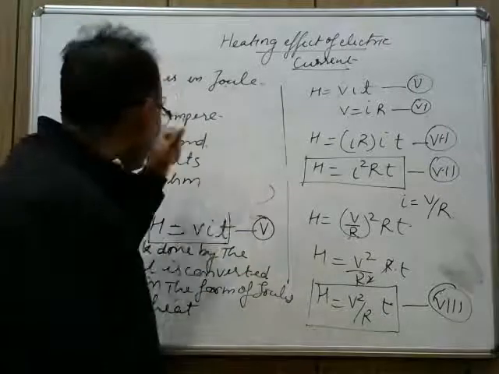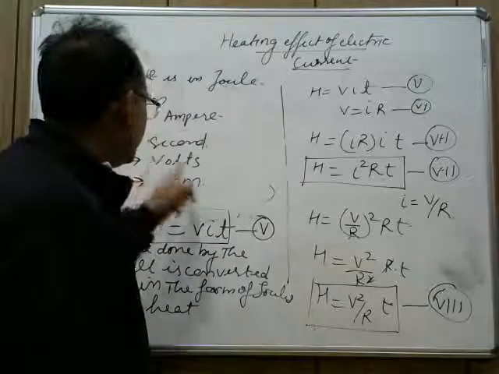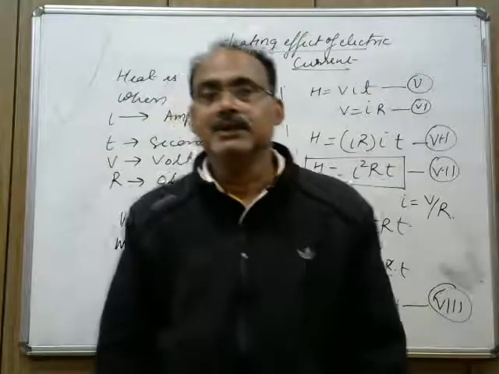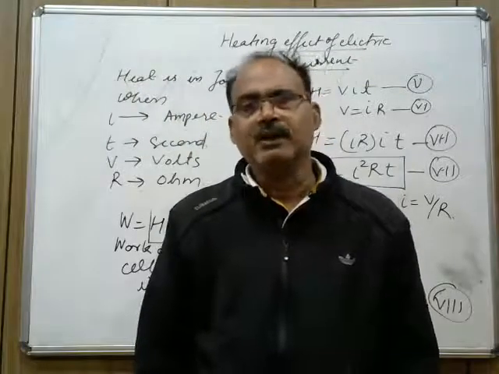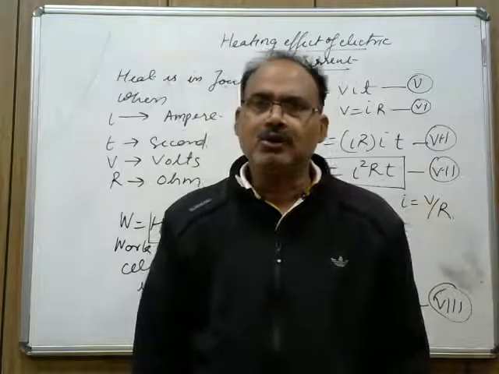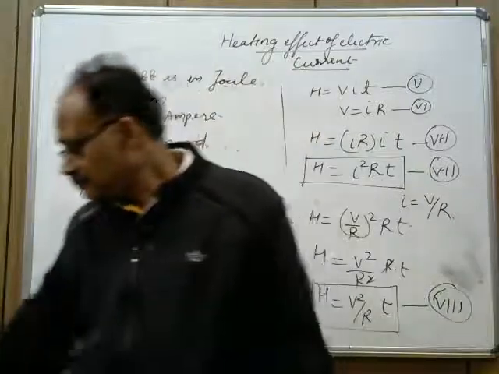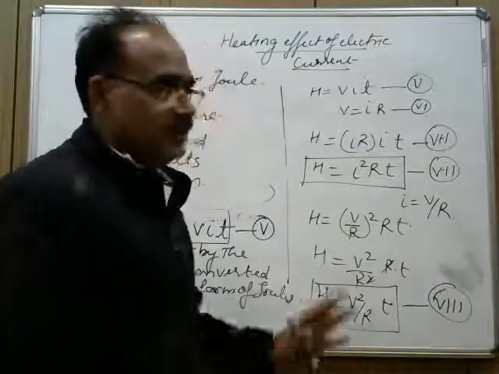Clear? So when we take current in ampere, time in seconds, V in volts, R in ohms, then only the heat energy calculated will come in joule. And thereafter we can calculate either in kilojoule or in megajoule. Now, these are three basic formulas which are to be used.